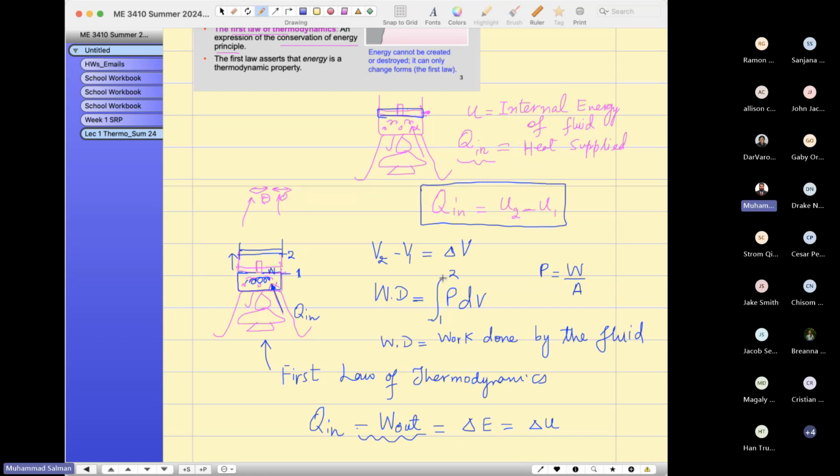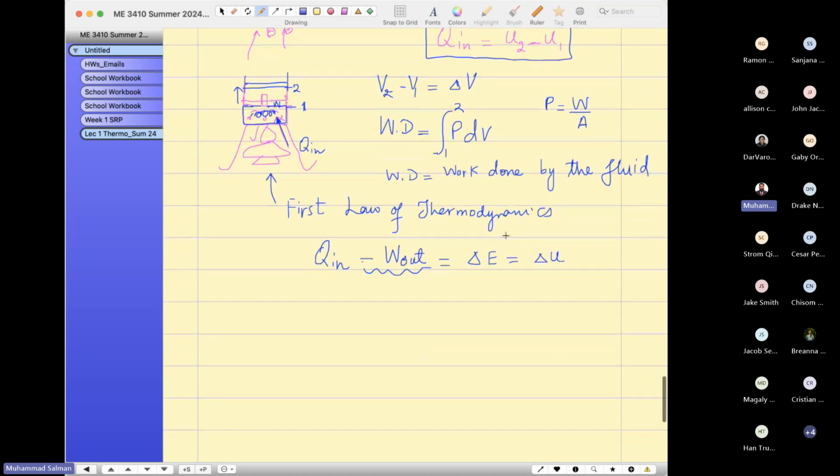All of the heat energy is used to increase the kinetic energy of the fluid molecules. In this case, since the piston is movable, some of the energy is used to increase the kinetic energy and some is used to move the piston upward. Therefore, we have to subtract that amount of energy from the heat supply.